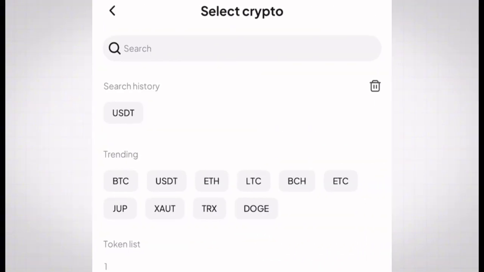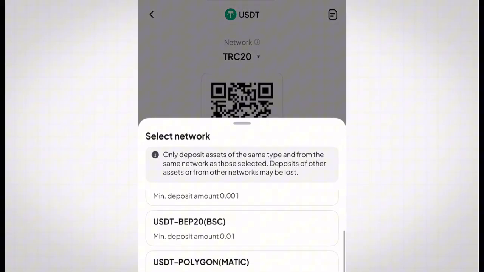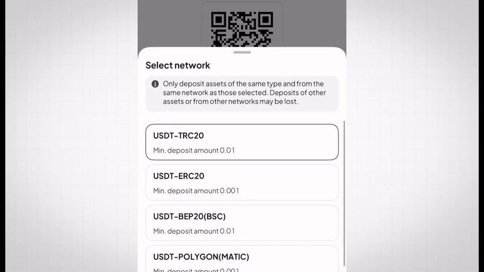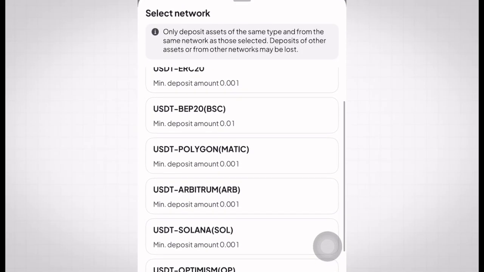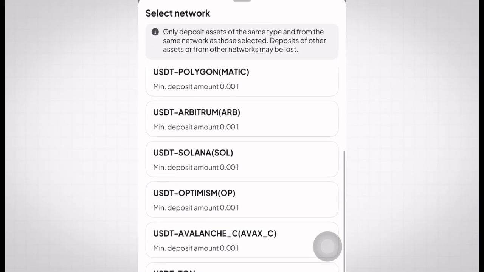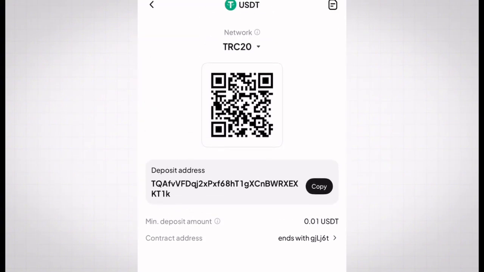All you want to do is to choose USDT, then you choose the network, ranging from USDT TRC20, USDT ERC20, to USDT TON. And once you choose it, you click on it, copy the address, and go to whatever exchange, maybe your Binance account, your Bybit, or whatever wallet, maybe your Exodus or Trust Wallet, and send the USDT and fund your account.